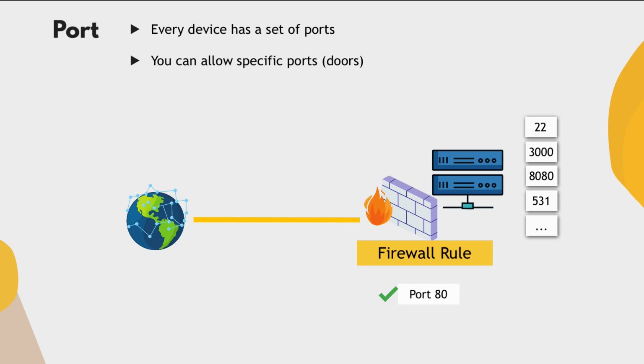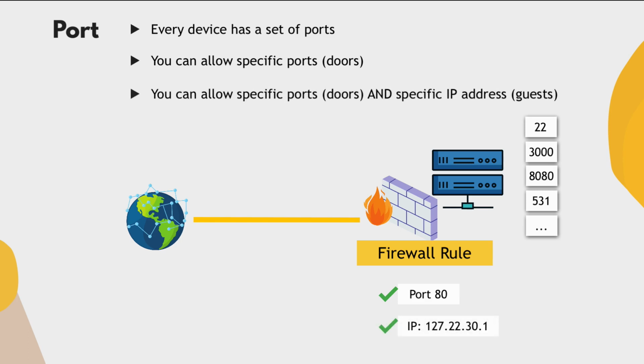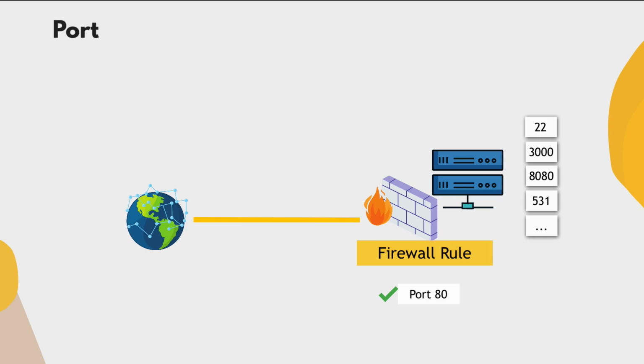Or you unlock them only for specific guests, like a specific IP address that can enter that door, so to say. So with firewall configuration, you define which doors of the building, or your server in this case, you want to unlock, and for which guests or for what requests.